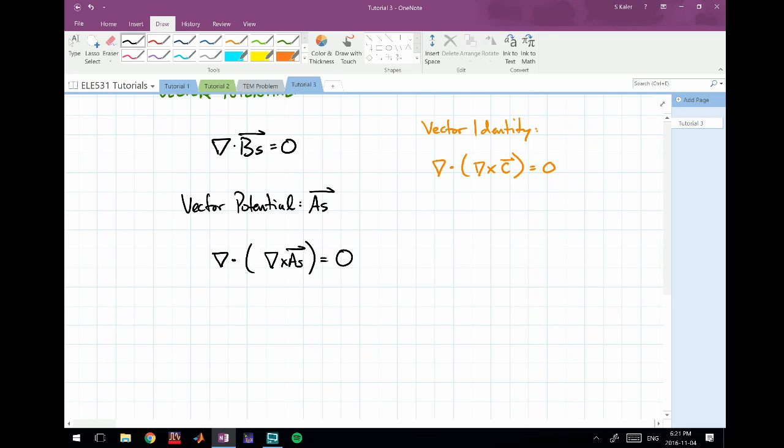Again, it's a mathematical manipulation, and you can see that this identity is what lets us do this. Physically speaking, the vector potential doesn't exist as a physical thing. It's entirely man-made. The magnetic field we can measure, but the vector potential we create to compute the magnetic flux density B a little easier.